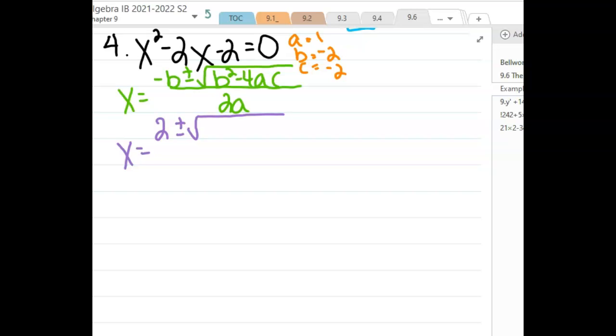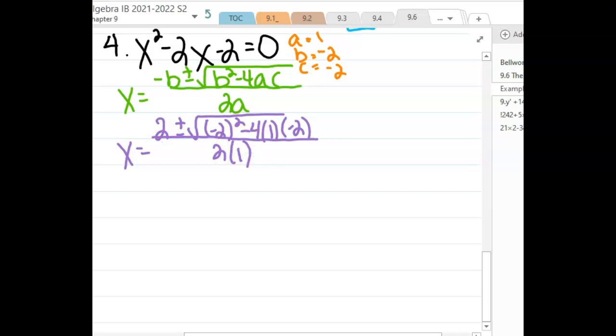But to be extra careful, we are going to make sure we put that negative 2 in parentheses to show that we're squaring the whole thing. We're not just squaring the 2, we're squaring the negative 2. Minus 4 times a, which is 1, times c, which is negative 2, all over 2a, which is 1.